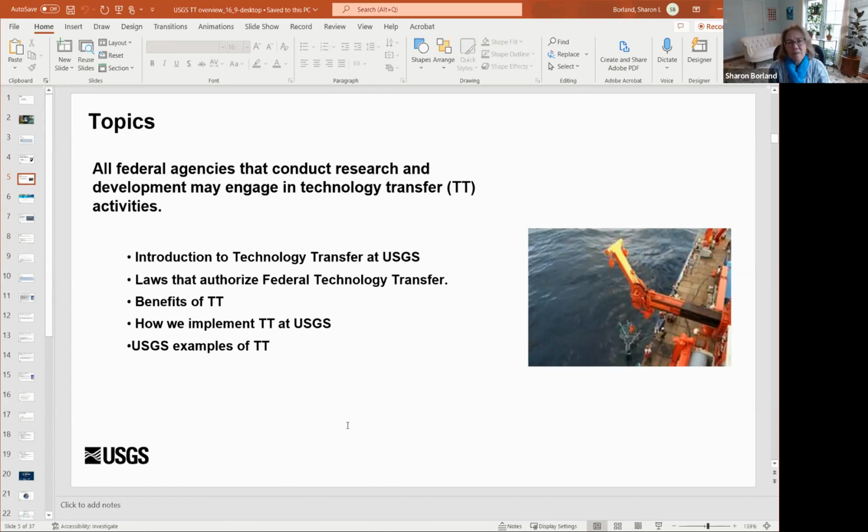I'll describe the laws that authorize technology transfer from the federal sector to the non-federal sector. I'll explain the benefits of technology transfer, how we implement technology transfer authorities at the USGS, and then I'll provide you a few examples of USGS technologies.